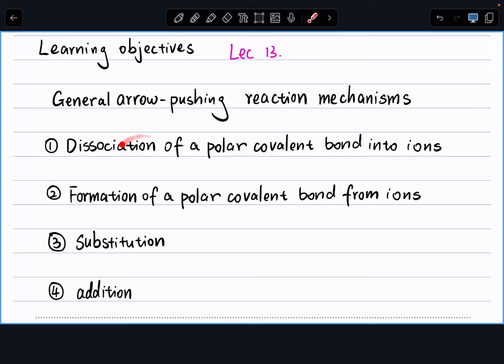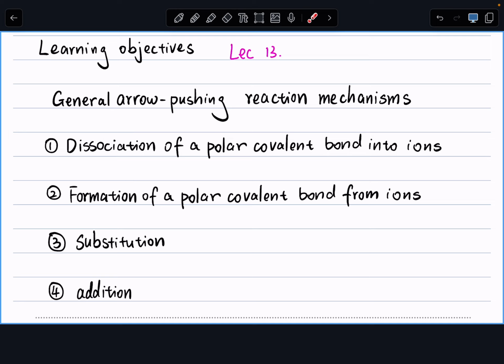That includes dissociation of a chemical bond into anions. You have formation of polar covalent bonds, so dissociation and formation of chemical bonds, substitution reaction, and also addition reaction. So these are elementary steps that can take place in organic chemistry reactions. So that's arrow pushing of these processes.